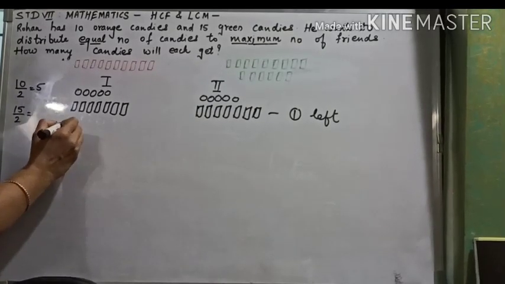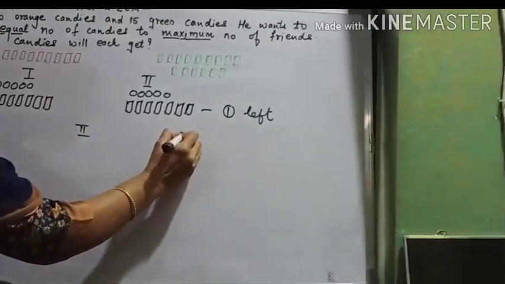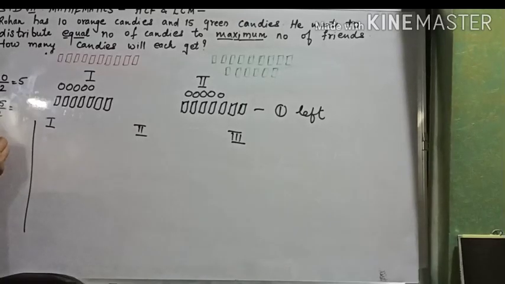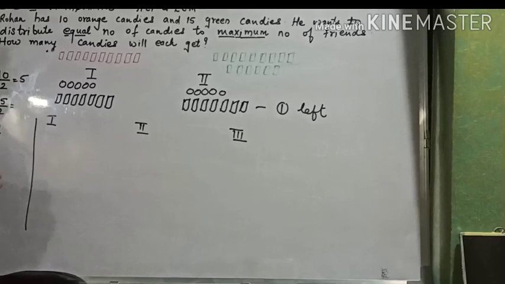So now if he distributes to 3 friends, here 10 is not completely divided by 3. 1 is left.